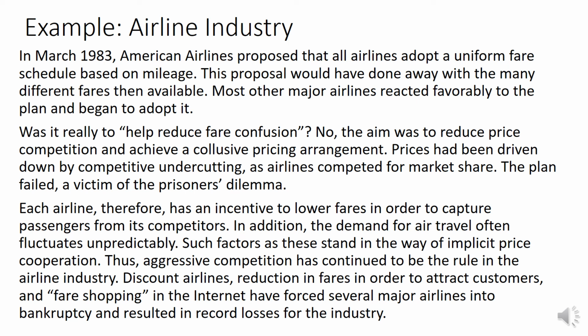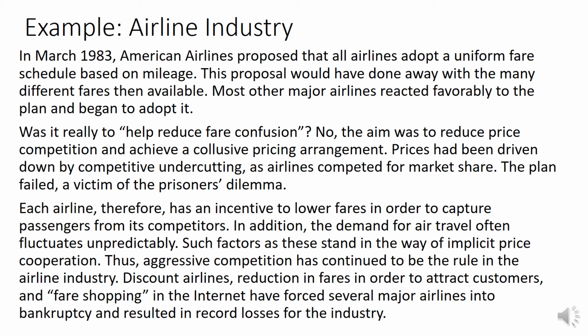Prices have been driven down over the last several years by competitive pricing strategies, by undercutting airlines as they compete for market share. The problem was airlines are going bankrupt. In the competitive prisoner's dilemma, each airline, American, United, Delta, has incentive to lower fares in order to capture passengers from its competitors.